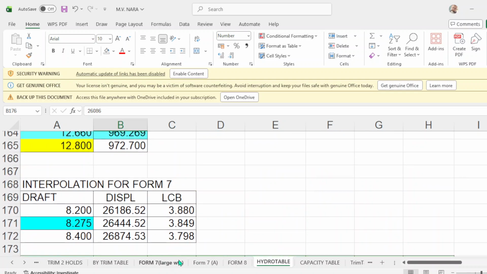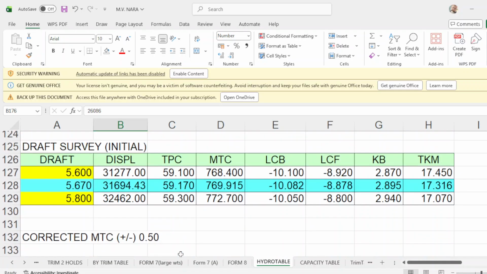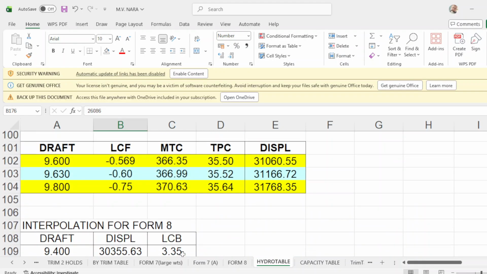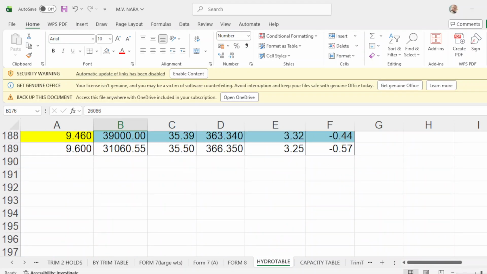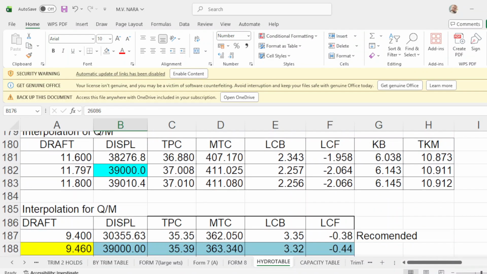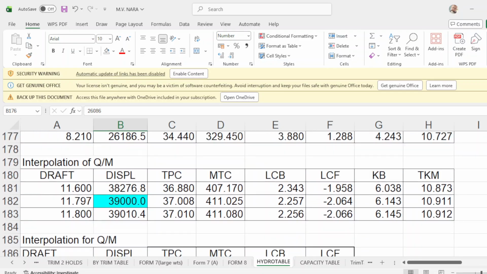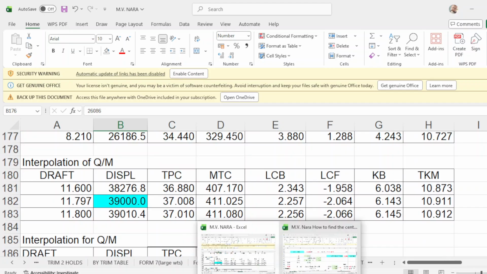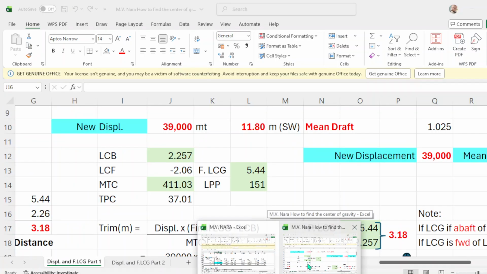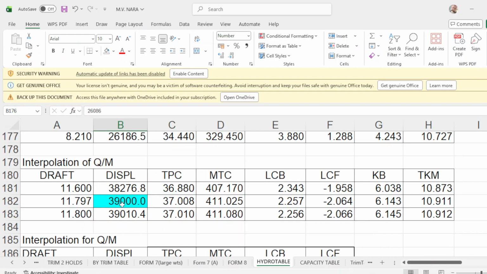Put this here, 39,000. What is the draft? The draft would be 11.797, so I put here 11.80.